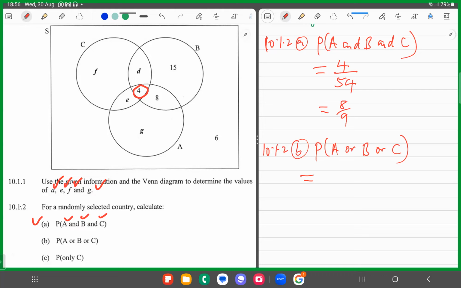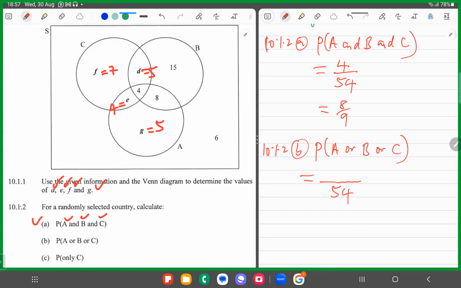Let's think about this. It will obviously be out of 54. We remember this one is 4, we plug in the numbers. D we know is 5, F we know is 7, and G we know is 5 as well.